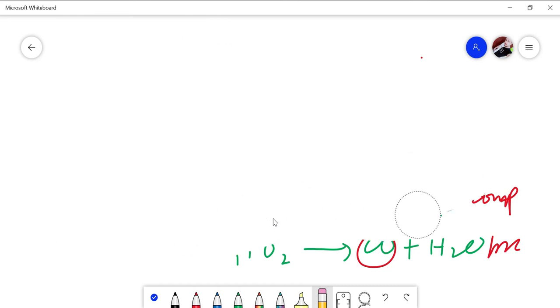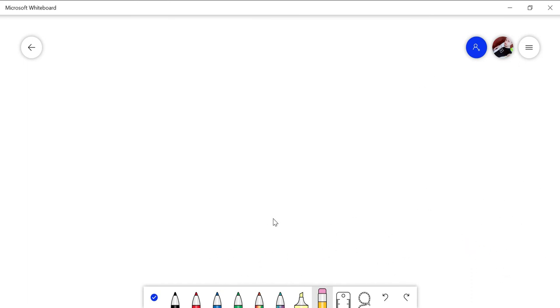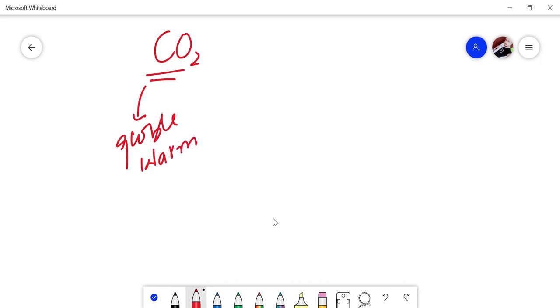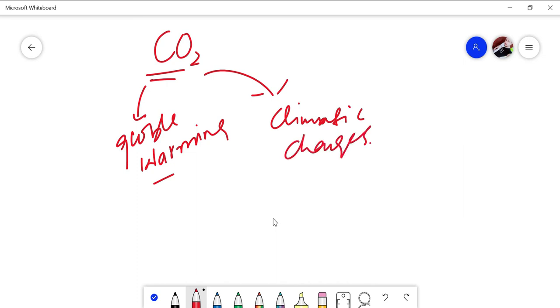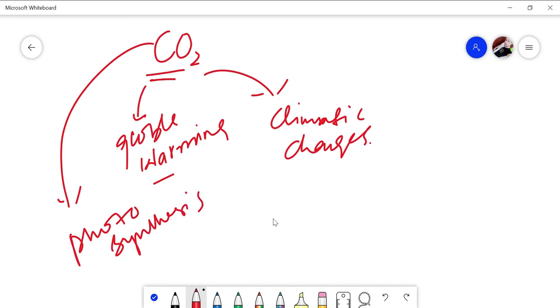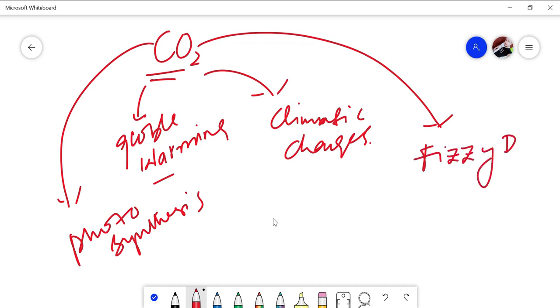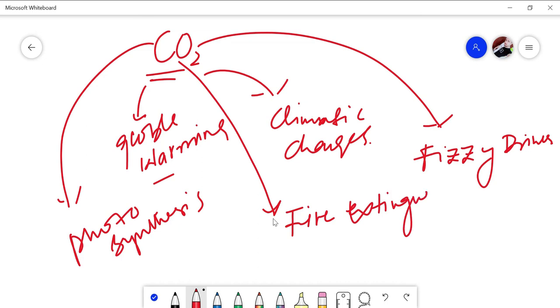Carbon dioxide, CO2: it's related to global warming, related to climatic changes, involved in photosynthesis, involved in fizzy drinks, involved in fire extinguishers.